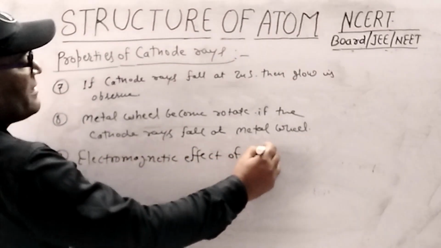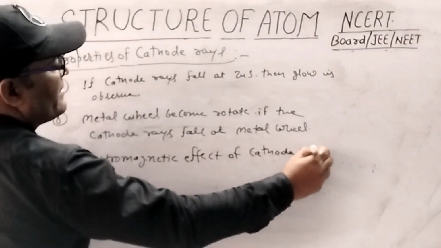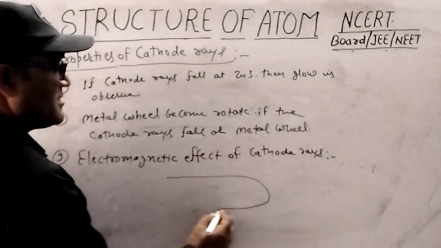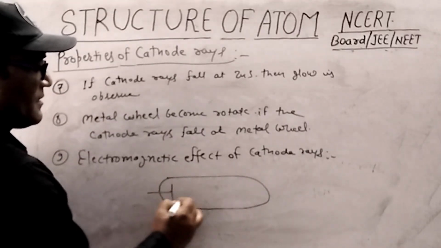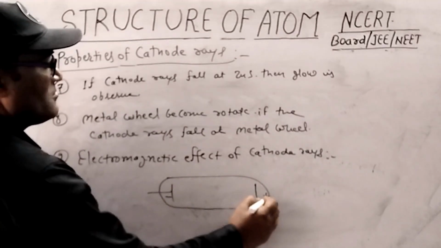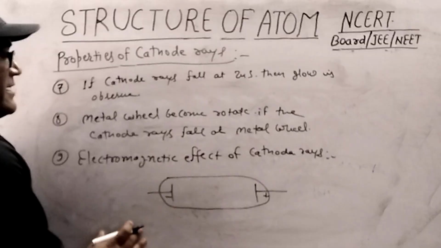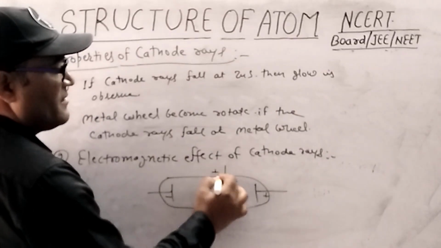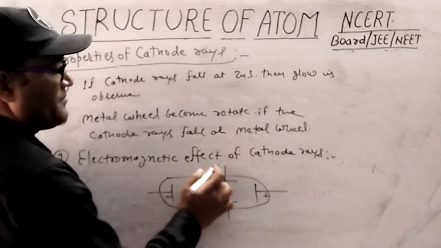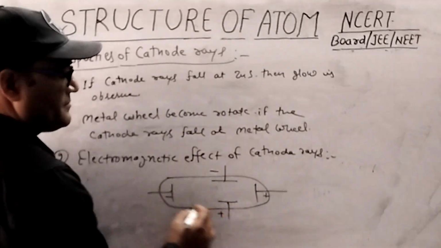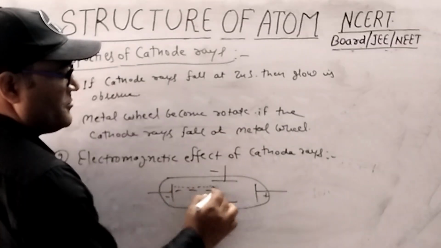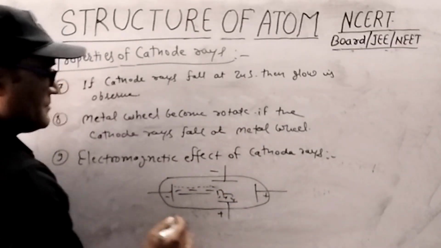Now point number 9, this is the electromagnetic effect of cathode rays. In the electromagnetic effect of cathode rays, whenever cathode rays pass through a vacuum chamber in an electromagnetic field, the cathode rays are deviated towards the positive pole.